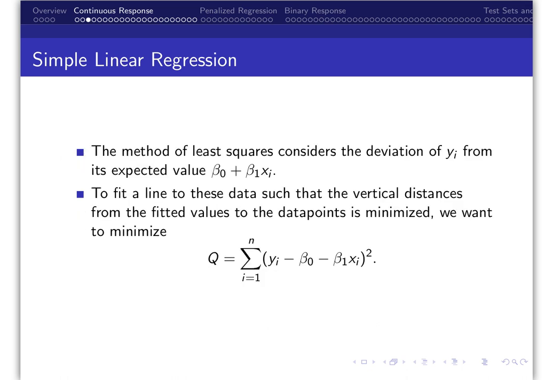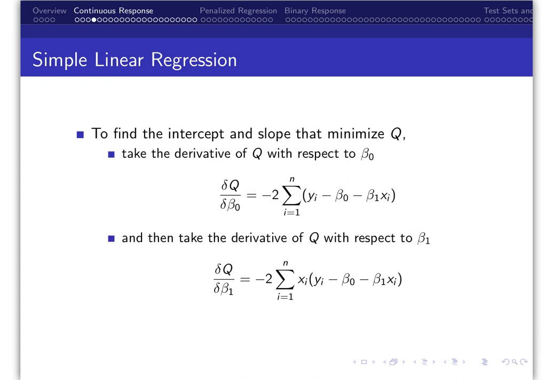Because we do not know the values of the slope and intercept for the best line, we need to estimate them using data. The method of least squares considers the deviation of y sub i from its expected value, beta naught plus beta 1 times x sub i. To fit a line to these data such that the vertical distances from the fitted value to the data points is minimized, we want to minimize this equation.